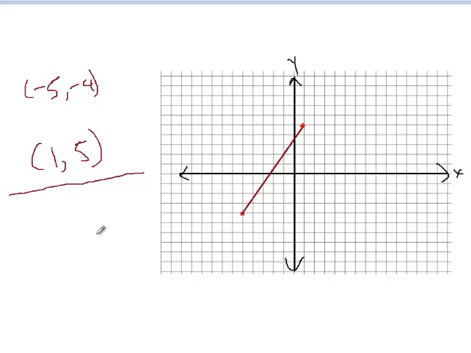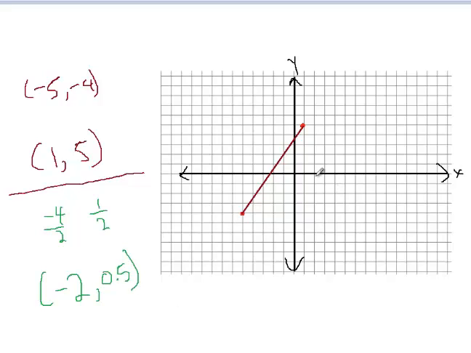Let's figure out the average of the x value and the average of the y value in order to figure out the midpoint. The way to get the average is just add them together and divide by 2. Negative 5 plus 1 is negative 4, divided by 2, which is negative 2. And on this side, negative 4 plus 5 is 1, divided by 2, which is a half, or 0.5.